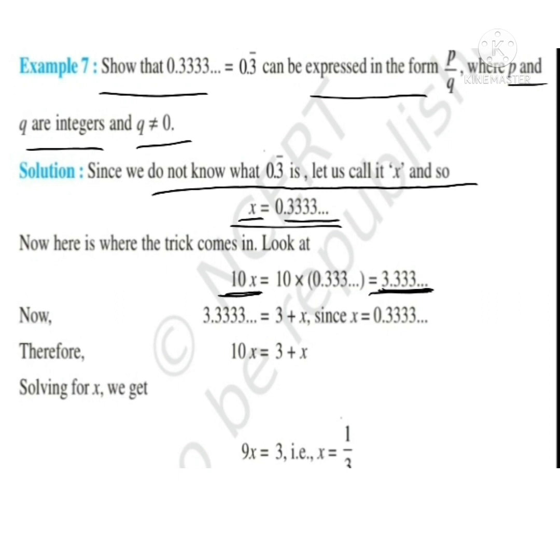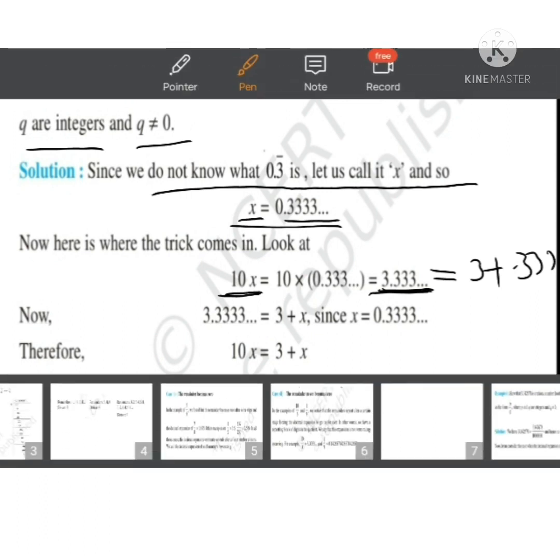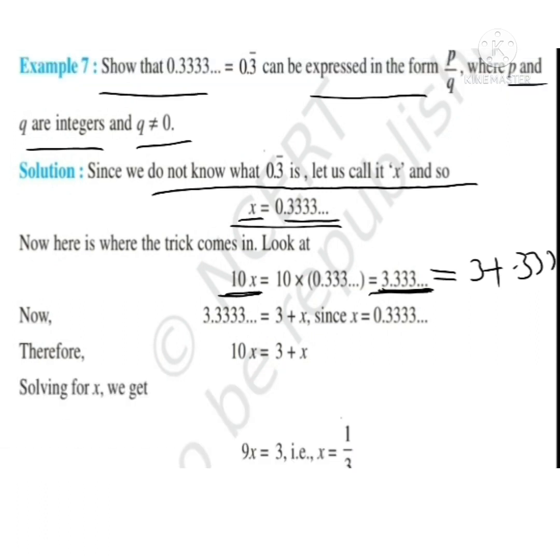Now 3.333 can be written as 3 plus 0.33333 and so on. Here we know that 0.33333 is x, so we write this as 3 plus x.